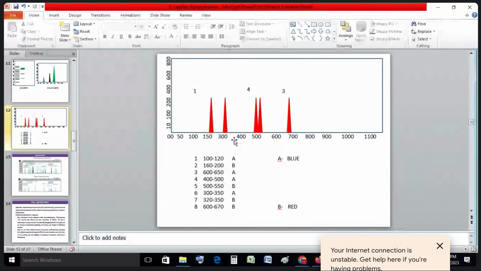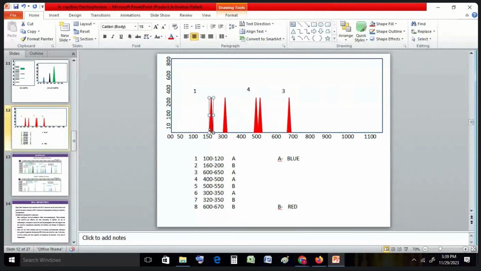For example, this one is probably one locus result, which represents a single peak, and this is also another locus result with a single peak. These two nearby peaks should be a heterozygous locus result.